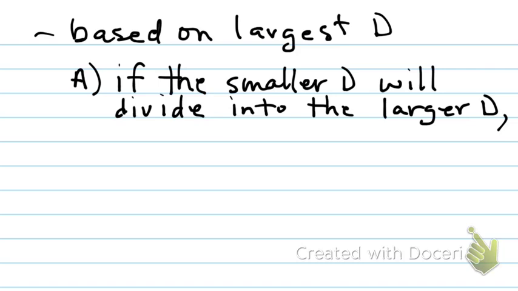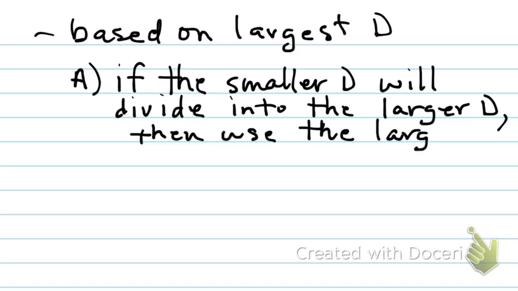You have 3 and 6, for example. 6 is the bigger one, right? Remember, it's always based on the bigger one. Will 3 divide evenly into 6? Yes. Okay, so that's what I mean by it will divide evenly into it. Then simply use the larger denominator as the LCD.